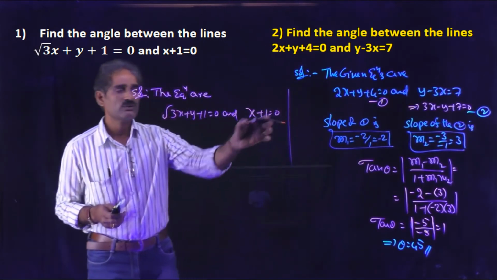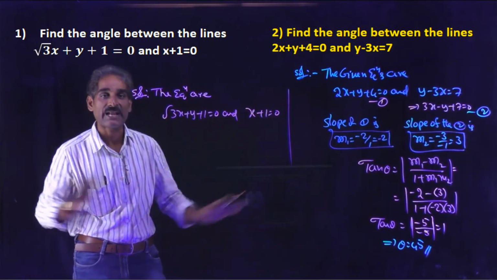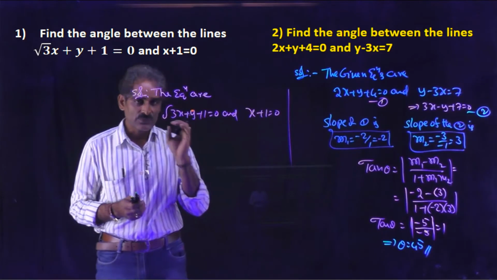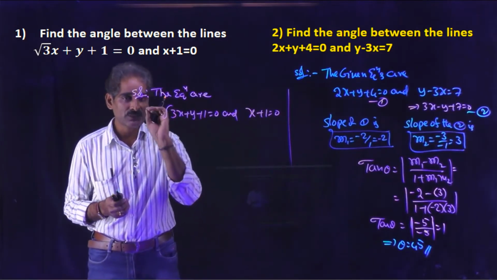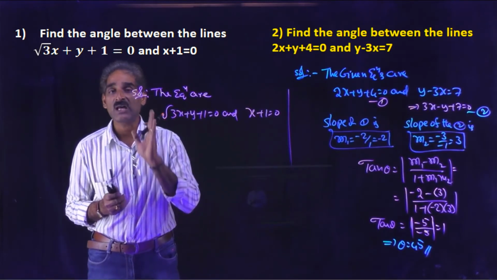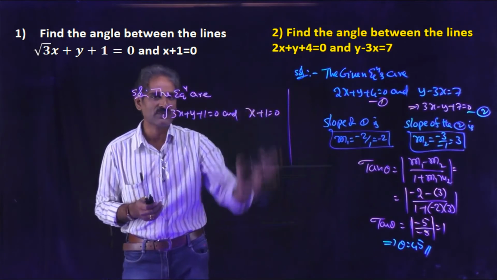Here we can't find the slope of the second line. We can't apply the tan theta formula because the slope is not defined. We can use the tan theta formula for problems where the slopes are defined. This is a vertical line, so we can't find its slope, and we have to use the cos theta formula only.